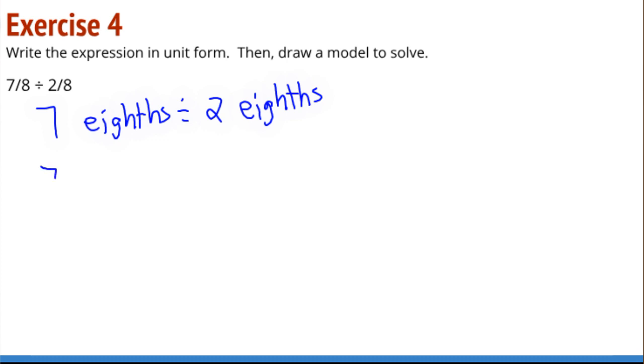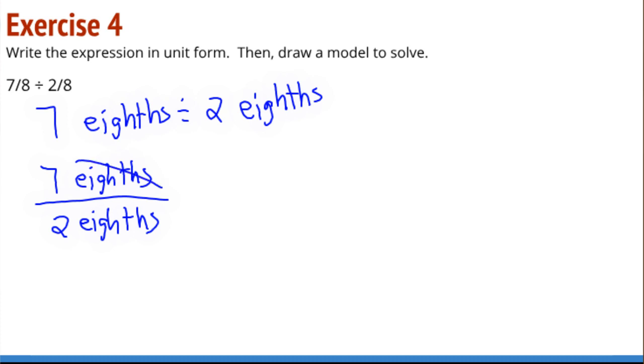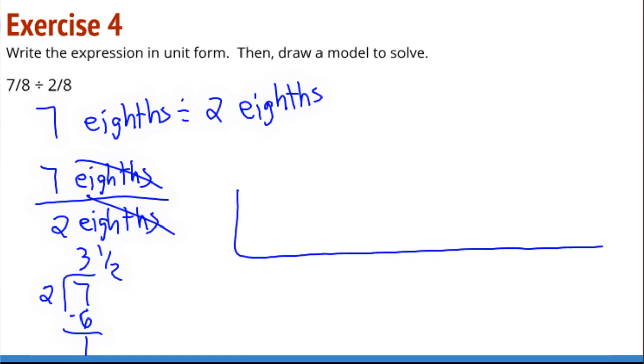And that's 7/8 divided by 2/8, which is going to leave me with a 7 divided by 2. So I should end up with a 3.5 here. But let's see what it looks like in a model.